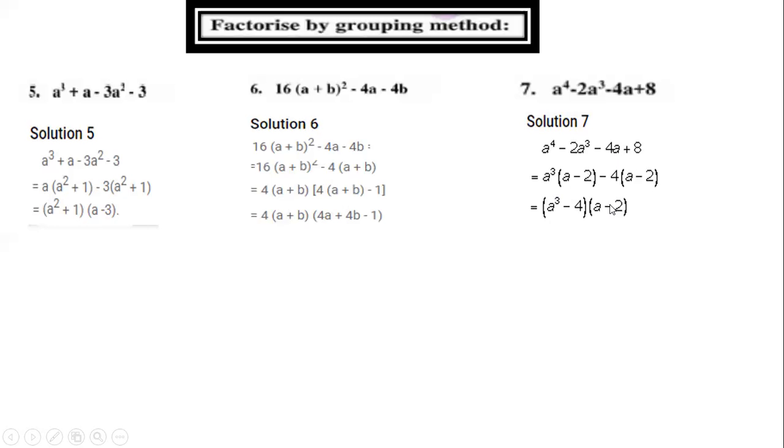Then we are left with a − 2. See, in these two terms, a − 2 is common. So take out that common factor and we are left only with a³ − 4. Again, choice is yours. If you want to take first and third term and second and fourth, then it's up to you.